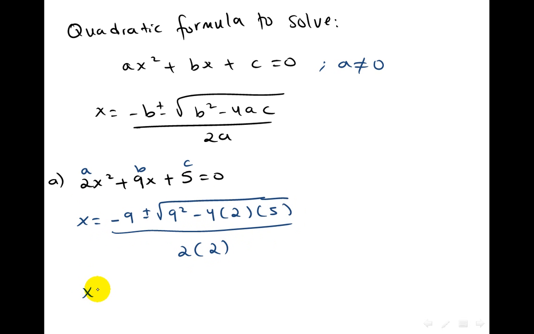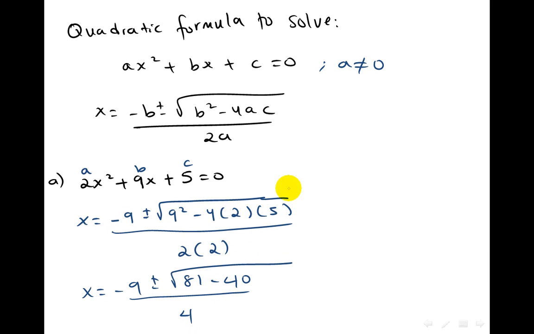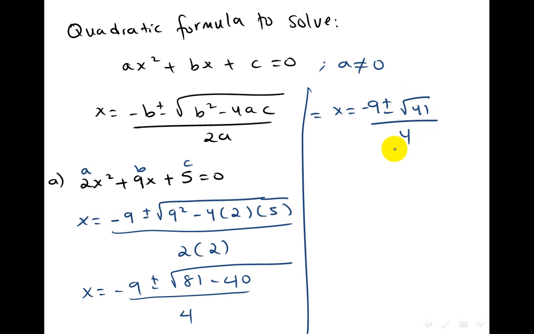So now let's try to simplify. 9 squared means 81, minus 4 times 2 is 8, 8 times 5 is 40, over 2 times 2 will give you 4. Okay, I'll continue here. So 81 minus 40 will give you under root 41 over 4.